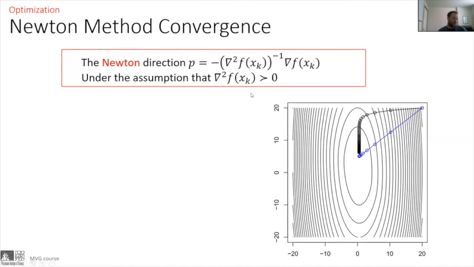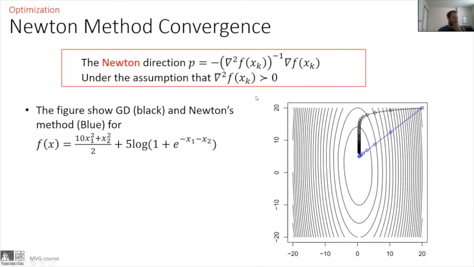So we need to get some intuition about the convergence rate, as you asked. So here is an example of a function which is not quadratic. Does someone know why we didn't take a quadratic function?